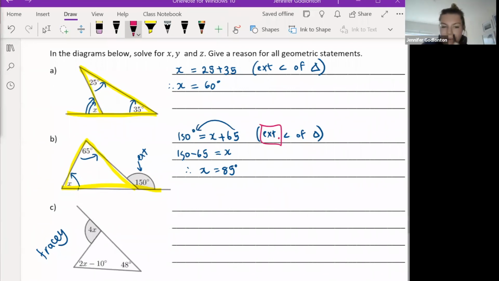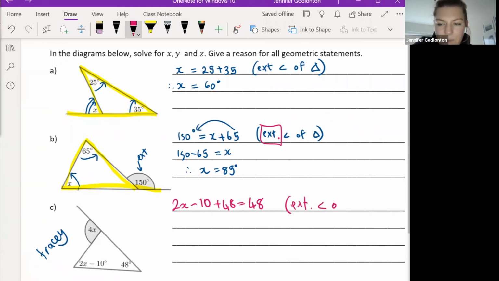Okay, Tracy, we are all yours. You can talk us through C. Ma'am, 2x minus 10 plus 48 equals 4x. Beautiful. Okay, what's my reason? Exterior angles of a triangle. Beautiful. What's my next line going to look like? Negative 10 plus 48 equals 4x minus 2x.